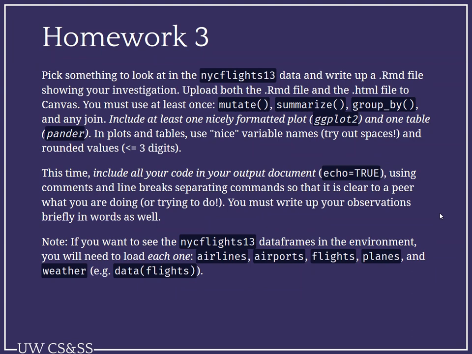So say echo equals true, so that people can follow what all happened and then see what returned. Be sure to also use comments. Remember, after a hashtag, you can hit space and then write a comment about what's going on within your code, and use line breaks to separate commands so that things aren't all on the same line, so that it's clear to a peer what you're doing or trying to do.